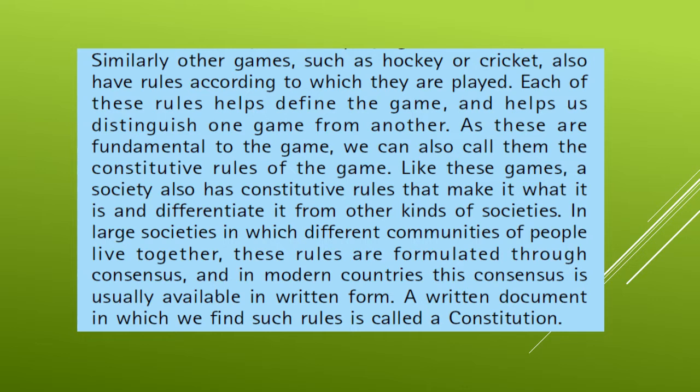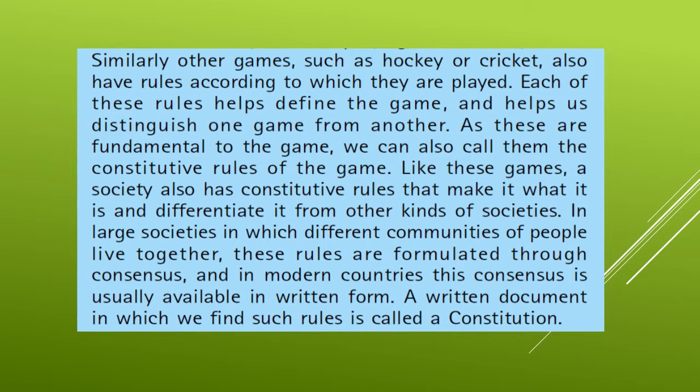So when the society becomes larger, these rules are formulated through consensus, and in modern countries, this consensus is usually available in written form. That is, this general agreement is available in written form in our modern states.